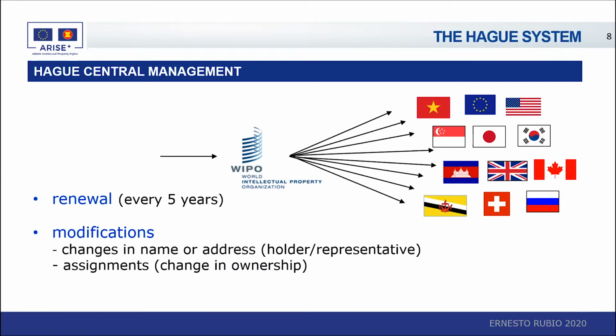And similarly, he can request that certain changes to his registration be recorded in the international register, also with effect in all the designated contracting parties where he so wants. So this is why the Hague System is becoming so popular.